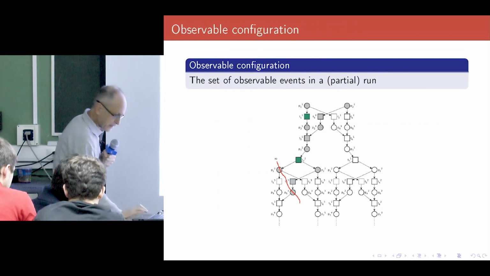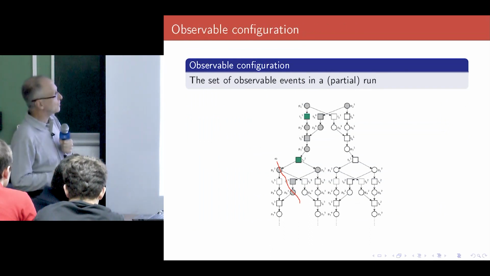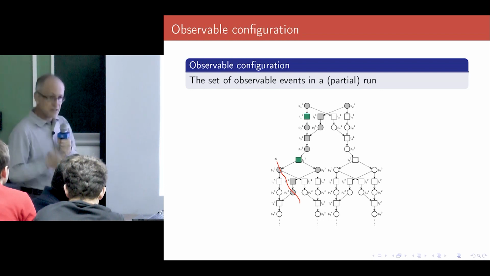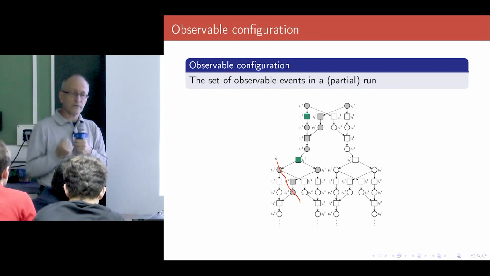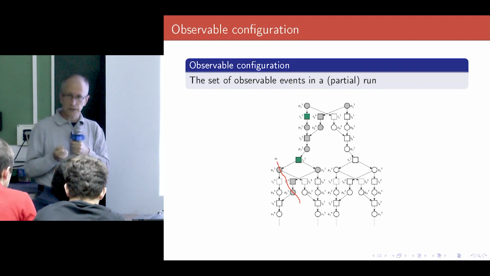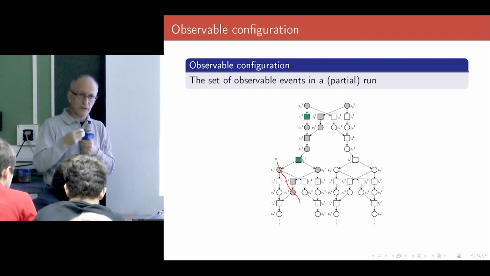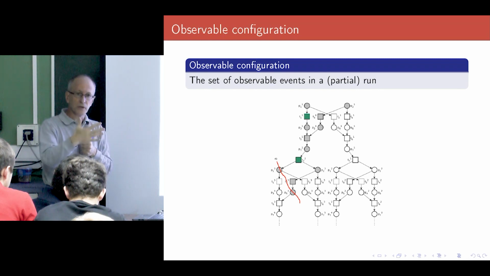So we have to define what is a strategy, and to define what is a strategy, we must take into account the fact that the player does not see everything that happens. So the player cannot base its choice on a full knowledge of what has happened so far.